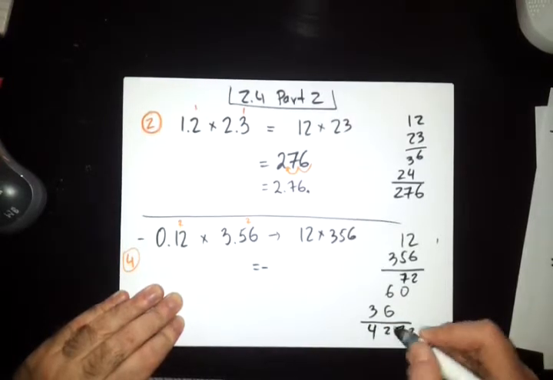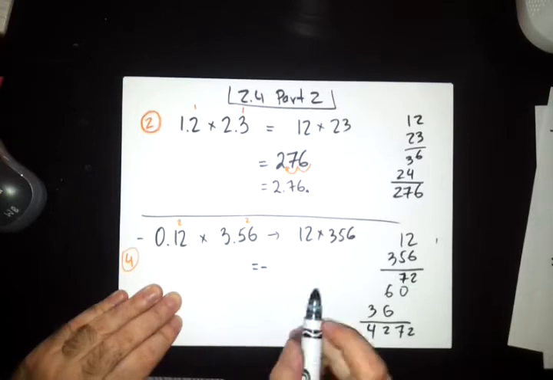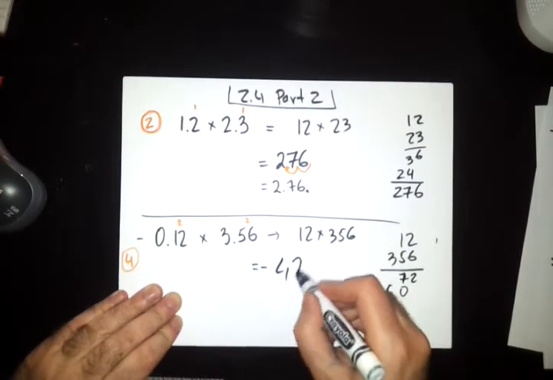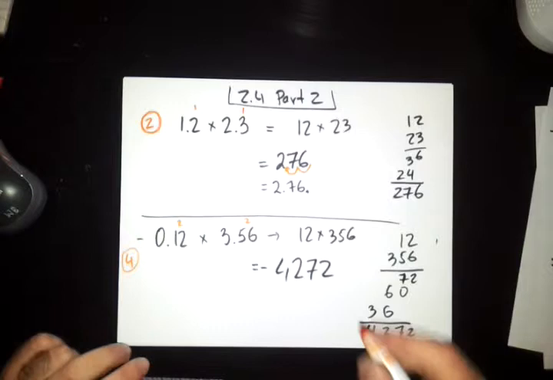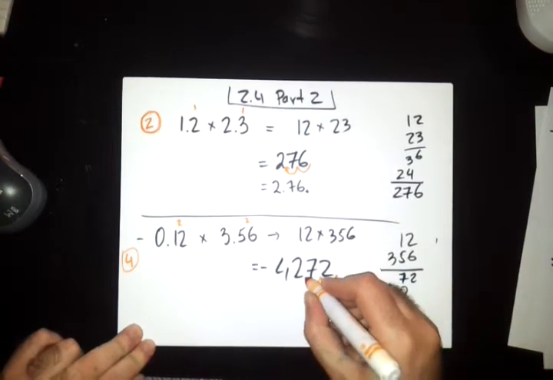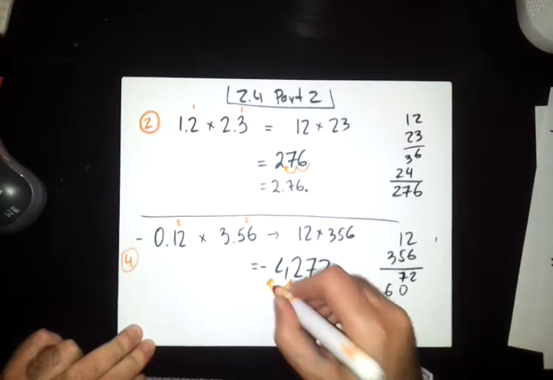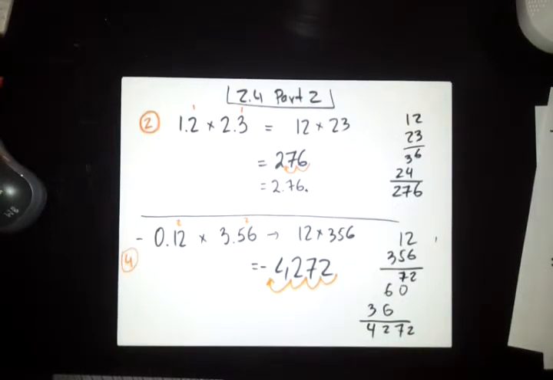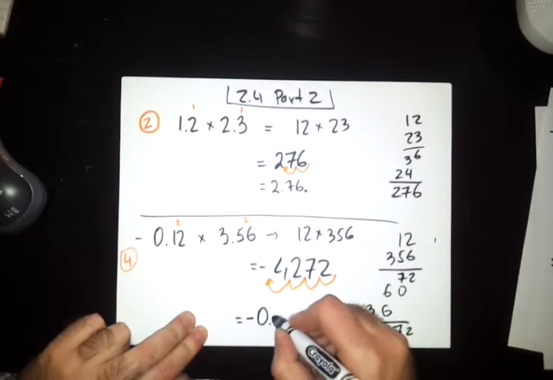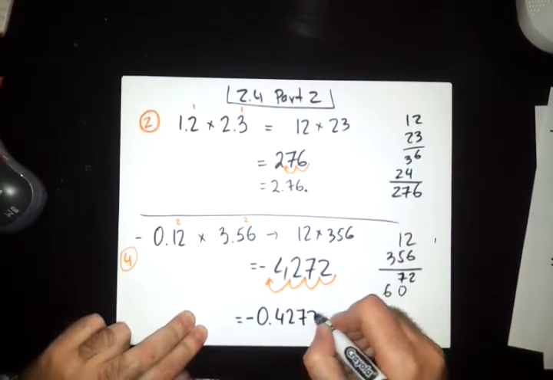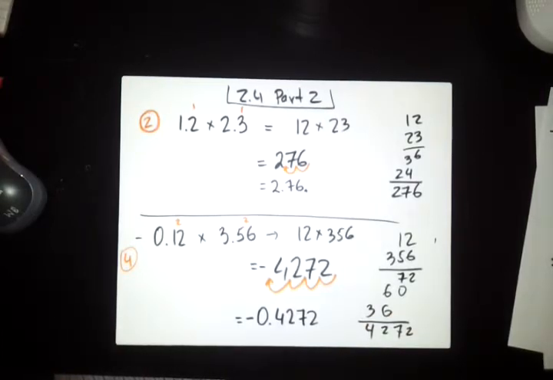So the answer is a negative, because I already figured that out. 4,272. How many decimals do we owe? 4. 1, 2, 3, 4. So my final answer is a negative 0.4272.